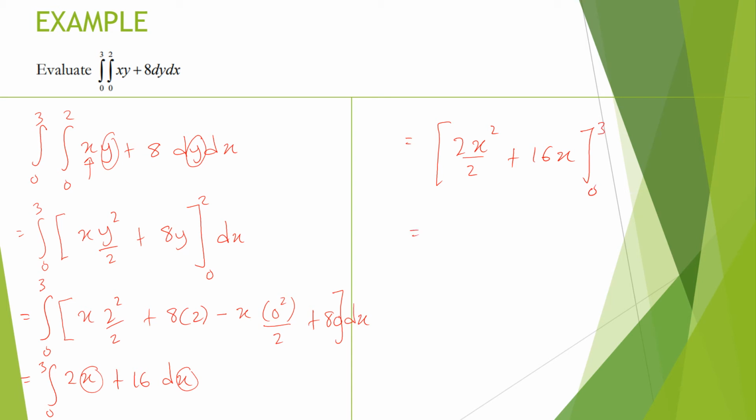Then substitute the values: 3 squared plus 16 times 3, minus 0 squared minus 16 times 0. So 9 plus 48, which equals 57.